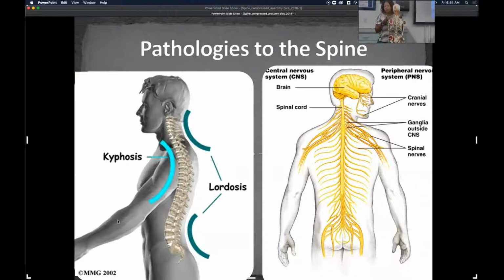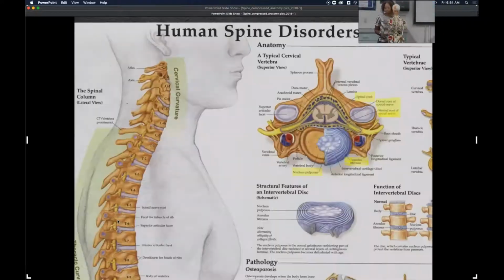So it becomes important when we talk about the spine not to leave out the neurovascular bundle that's so important in supplying the rest of the body, whether that's the cranium or the entire rest of the body. Okay, so very quickly, today we're going to talk about pathologies of the spine, probably the most general pathologies, so that you at least have a baseline understanding and can evaluate patients who walk into the clinic.